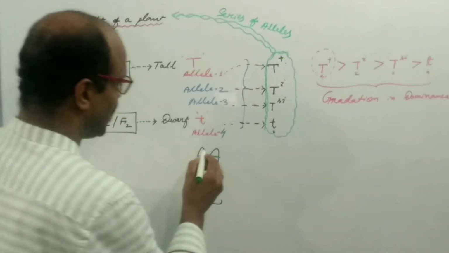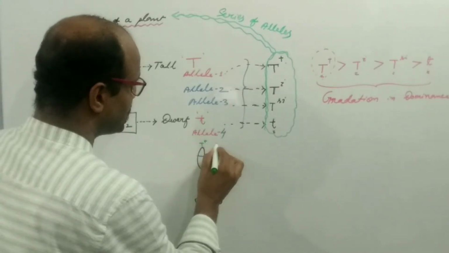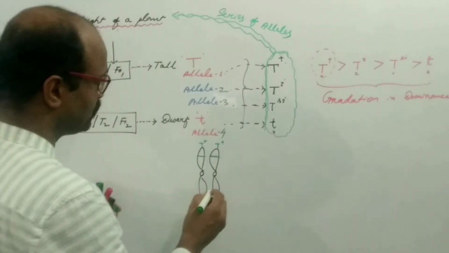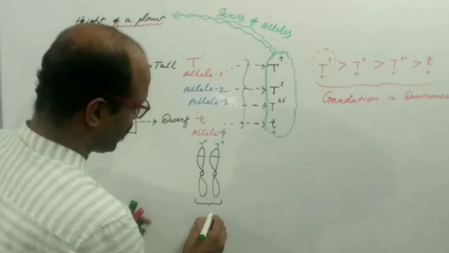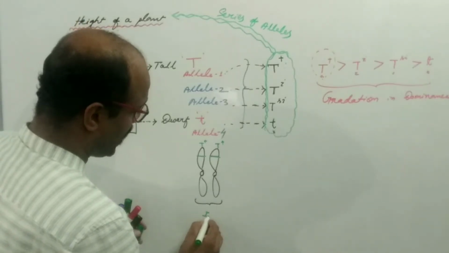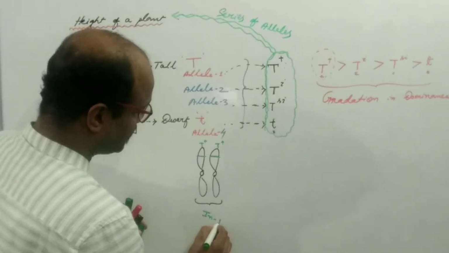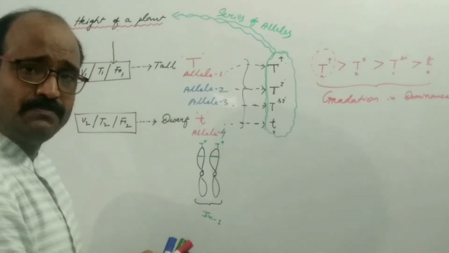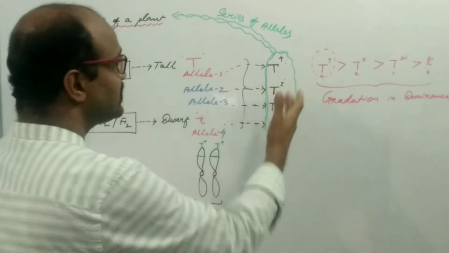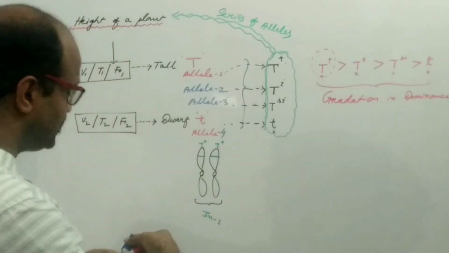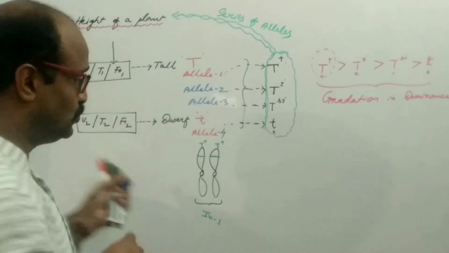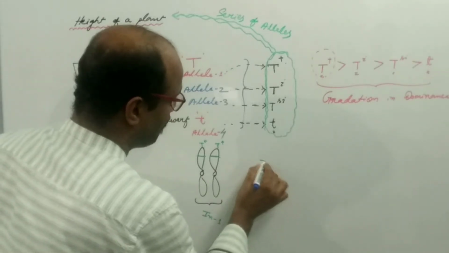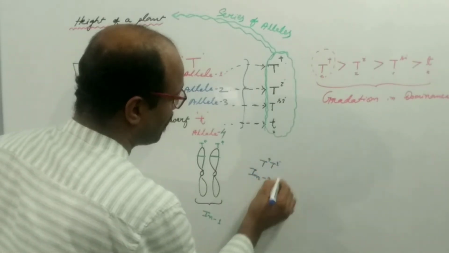So suppose T plus and T plus, this is the homozygous condition, and suppose this is organism or individual 1 which contains this type of genetic makeup. Other alleles are present in other individuals. Suppose this is another individual having capital T plus and capital Ti.